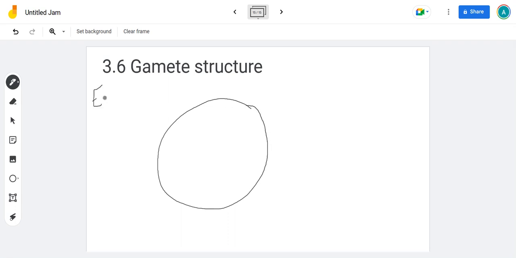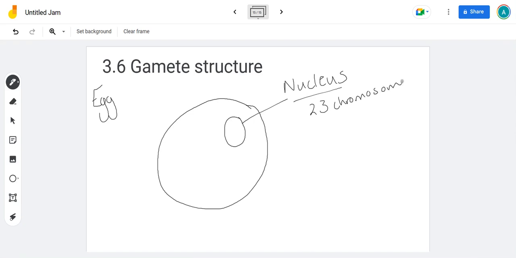So the egg is obviously the female gamete, and the first thing about it is the nucleus. It's a type of animal cell, so we've got a nucleus. Now, usually in your body cells for a human, the nucleus would contain 46 chromosomes. This nucleus only contains 23 chromosomes, and the fancy name for that is haploid, which means there's only one of each chromosome.